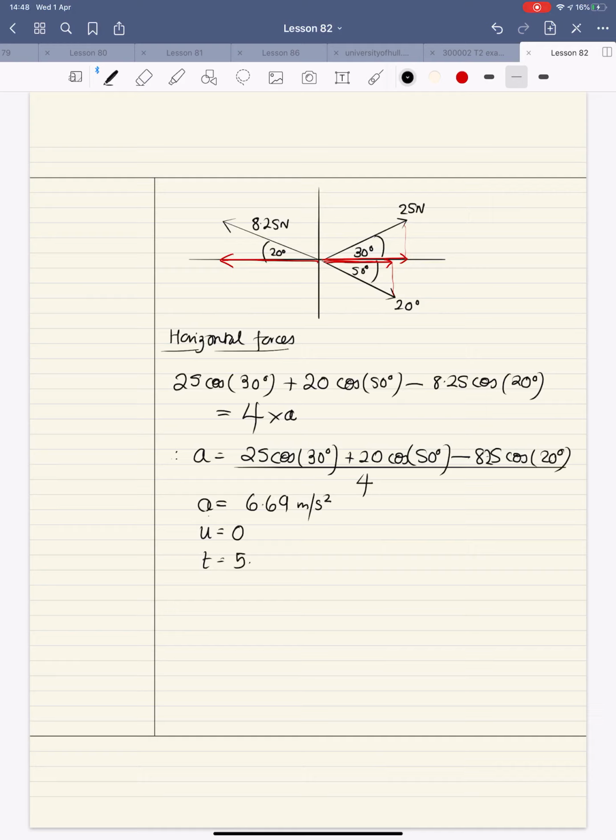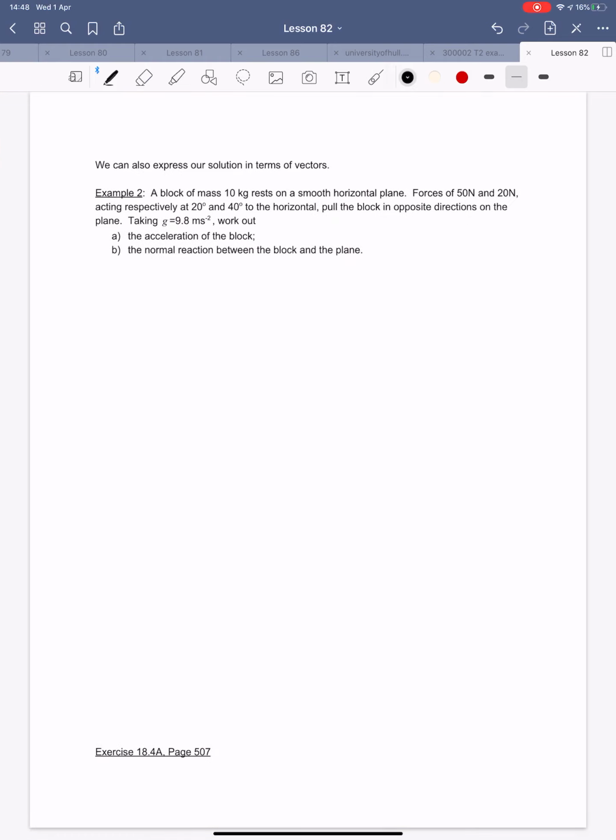T equals 5. So we've got A, U and T. So it's going to be S equals UT plus a half AT squared. So S is going to be 0 times 5 plus a half times 6.69 times 5 squared. And that S comes up as 83.6 metres. Okay. So the next one.